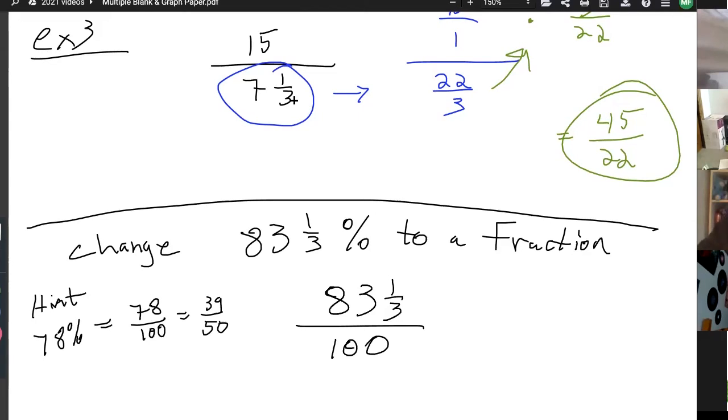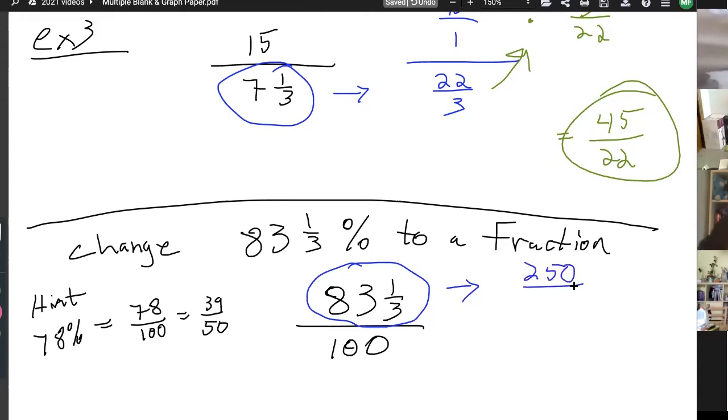So let's do it. First of all, remember, we don't like improper fractions. So we're going to change that. That's 249 plus 1 is 250 thirds divided by 100. So times 1/100th. So we just copied, we dotted, and we flopped 100.